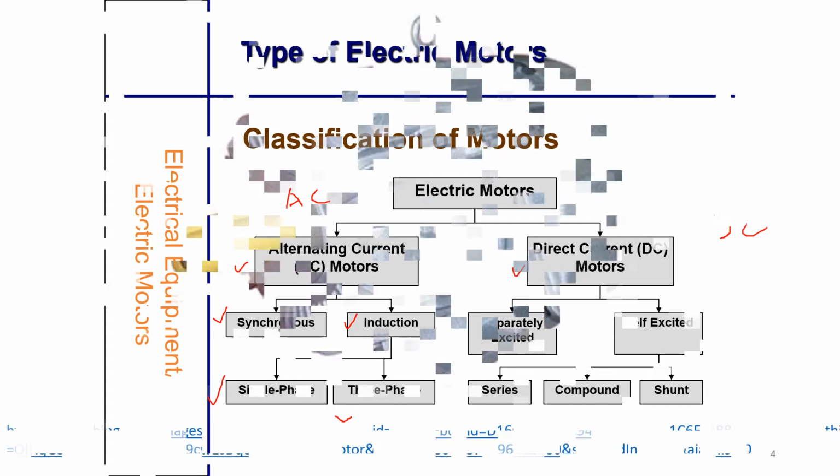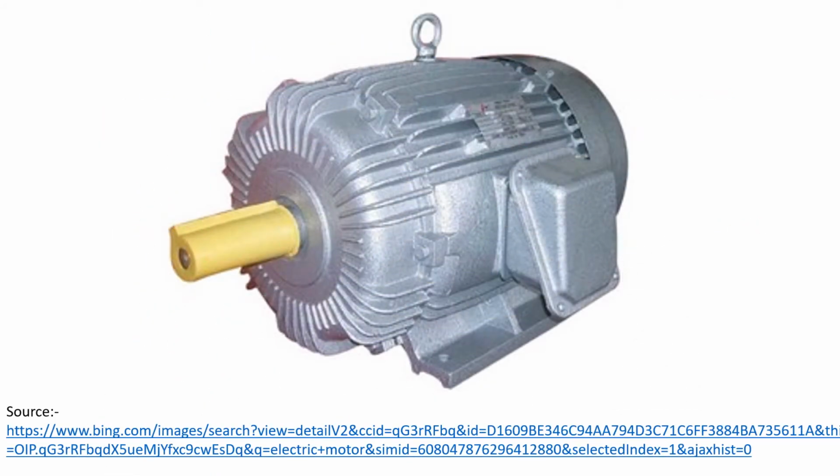Okay, then this is the normal picture of an electrical motor. If you go to any industry or any working place, you can see the nameplate details of the motor.